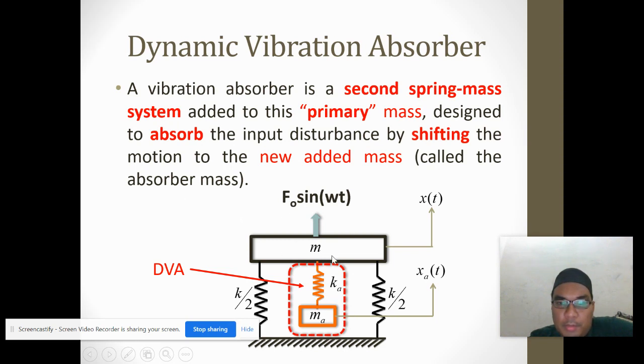So all the vibration of the primary system is transferred to this DVA. The x(t) becomes 0 and then x_a becomes large, but it basically doesn't affect the primary system because it is another attached mass that will vibrate.